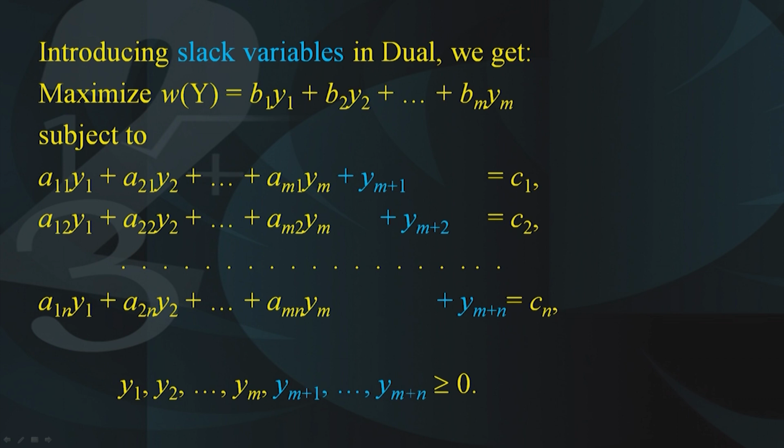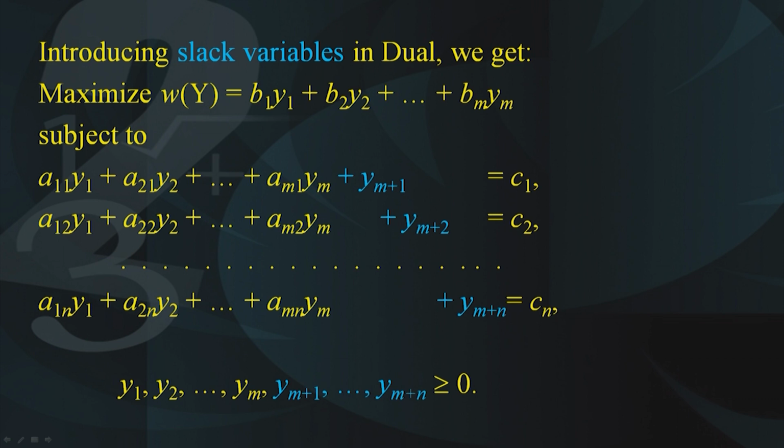Again, we need to convert the constraints of this dual into equality, and for doing this we need to add slack variables to each of the constraints. Therefore, we will add slack variable y m plus 1 to the left hand side of the first constraint. Similarly, we will add y m plus 2 to the second constraint, and like this.